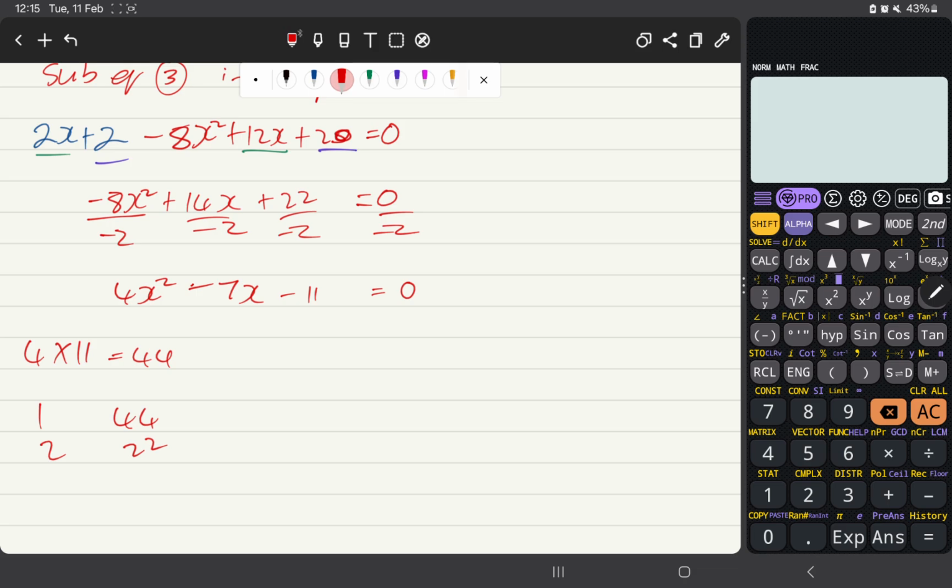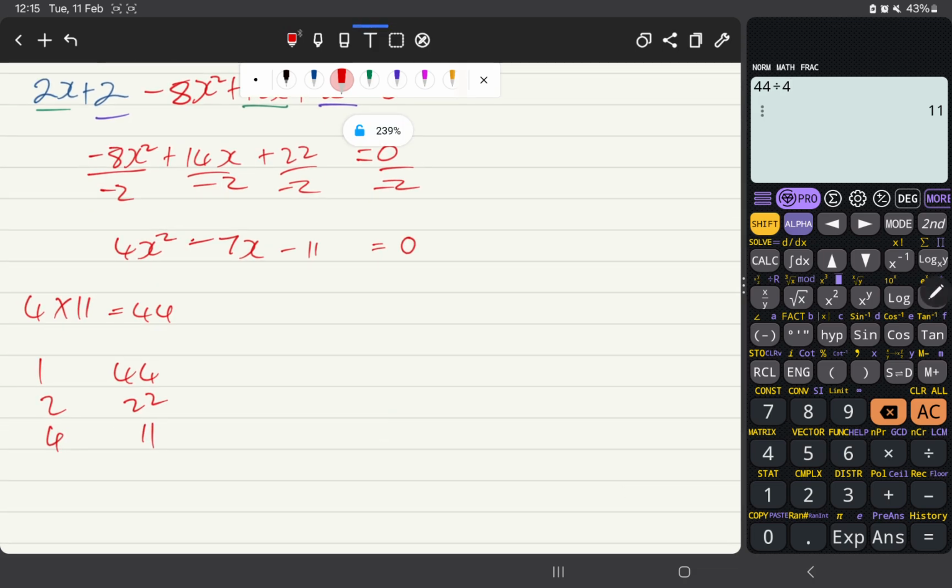I'm looking for factors that give me 7 if I add or subtract them. 3 doesn't divide, 4 does. 4 and 11, and I'll stop right there, because 11 minus 4 gives 7, so 4 minus 11 gives minus 7, which is exactly what I want.